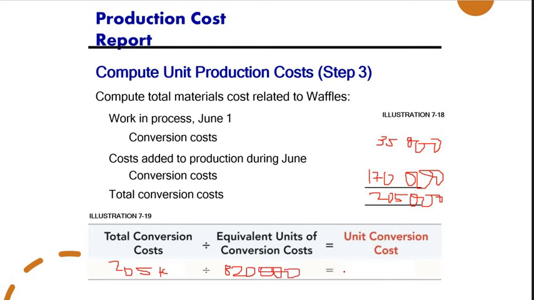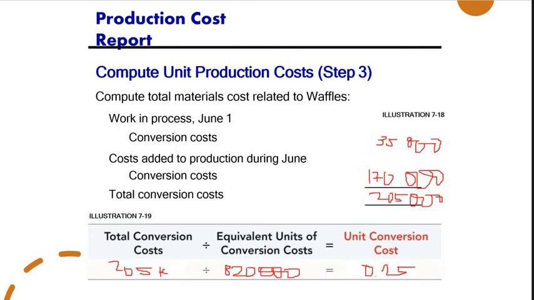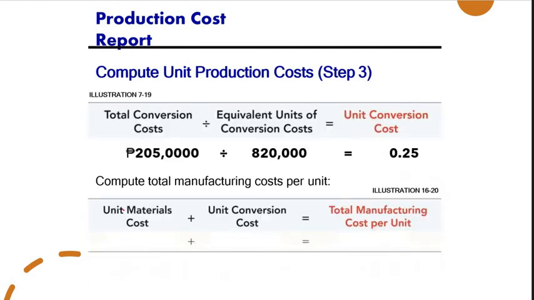Magkano? How much is that cost? So unit cost conversion, magkano? That is equivalent to 0.25. Okay, so sa material cost natin, unit material cost, 0.50. Ang ating unit conversion cost is 0.25. Okay, so ito yung computation niya.